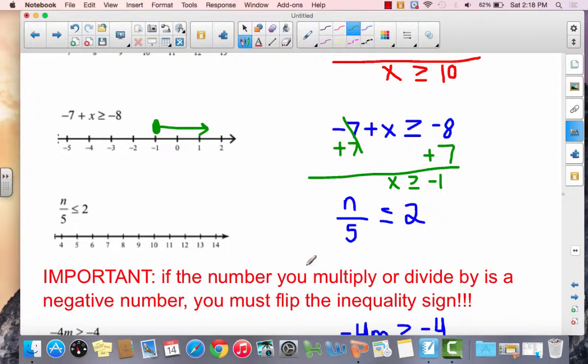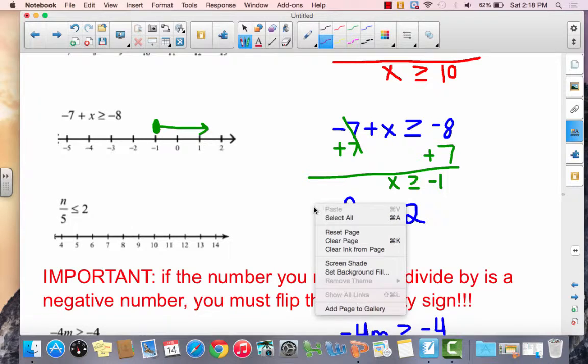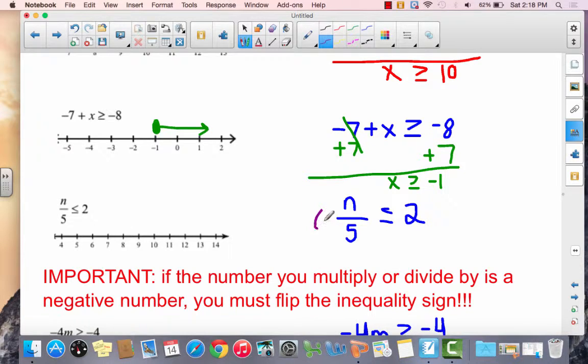This next example is showing me a division problem, and I know the opposite or the inverse of dividing is multiplying. So I'm going to multiply both sides by 5. The 5 will cancel out on the left-hand side and leave me with an n.